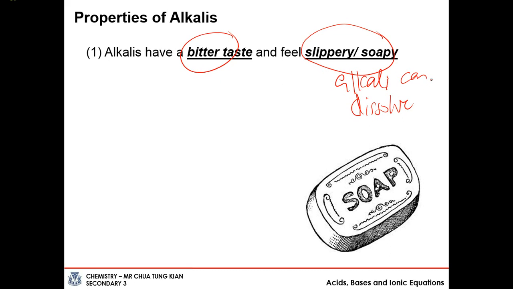So when it dissolves this very thin layer of oil and fat on the skin surface, you feel that there's less friction when you rub your fingers together. So as a result, you notice this slippery or soapy feeling from touching alkali. So it is not the alkali that is slippery, it is actually the fats or the oils on your hands or your fingers that have been dissolved and reduce the friction when you rub your fingers together.